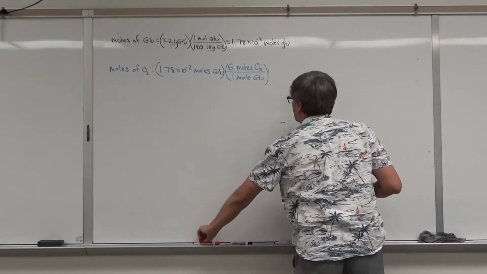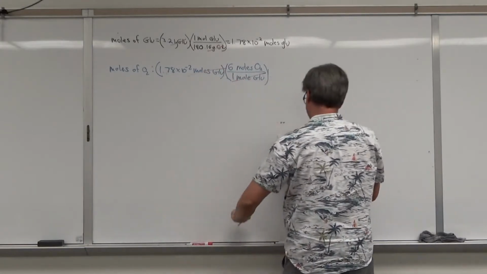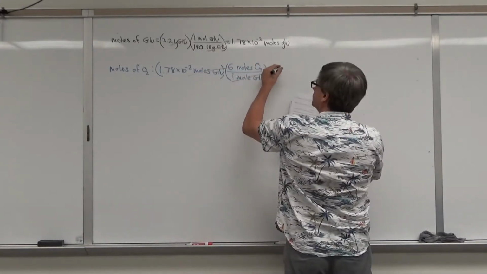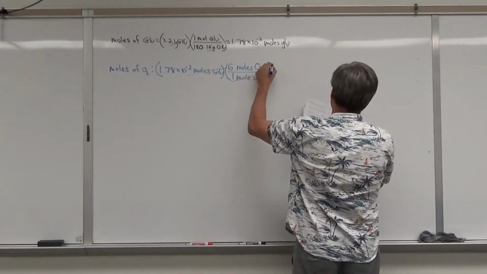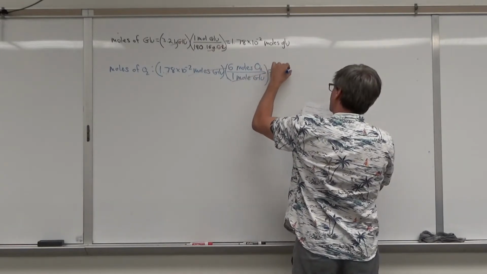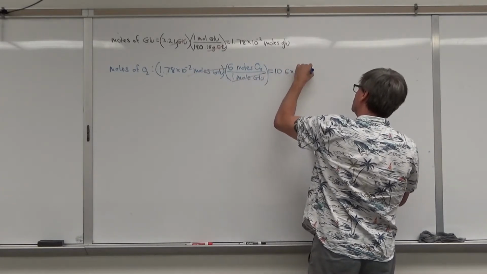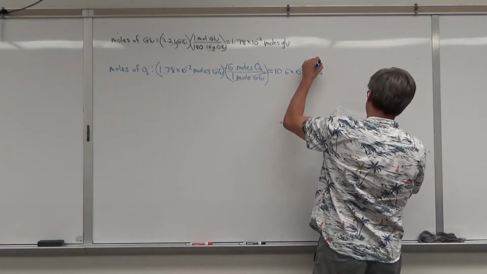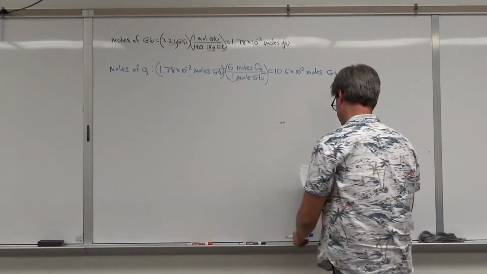Okay. So, moles of oxygen. That is going to give us 10.6 times 10 to the negative 2 moles of oxygen.